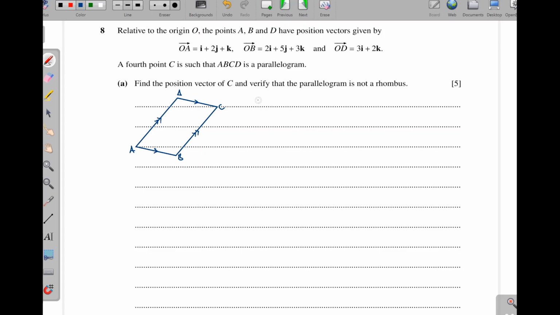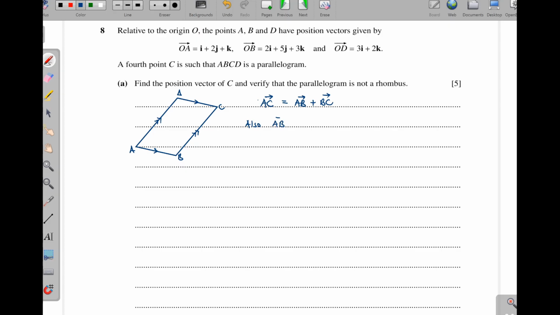Now, for me to go from A to C, that is AB, then plus BC. So I can say AC is equal to AB, then plus BC. Okay? Also, we can use this one.